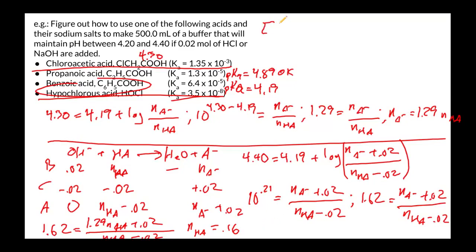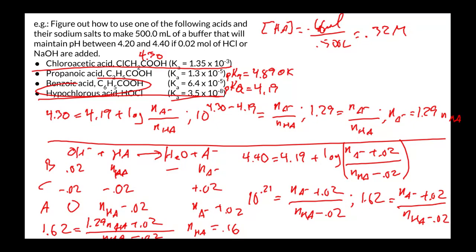So let's move up here. That means the concentration of our benzoic acid is 0.16 moles in a half a liter, which comes out to 0.32 molar. So we're going to start out with 500 milliliters of 0.32 molar HA.